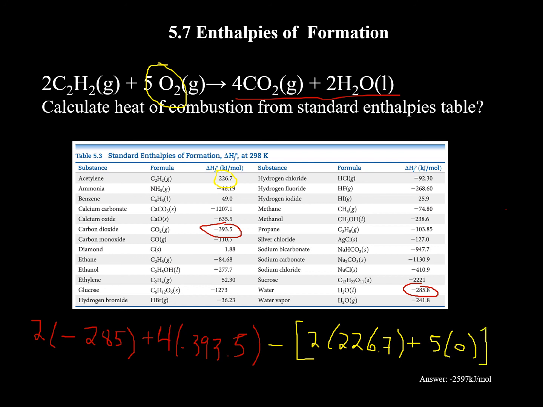When you do the math, we have again products minus reactants. We get here for the product side negative 453, and for the reactant side, we get negative 2144. We do the math, we get negative 2597.